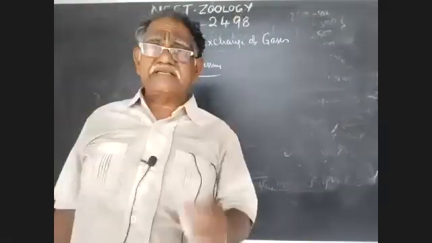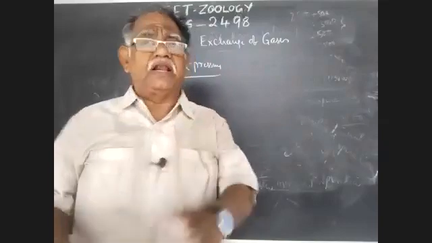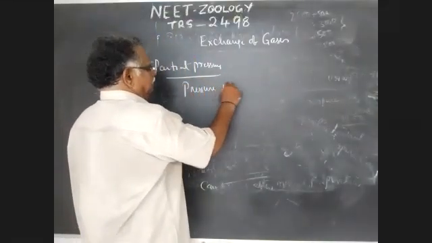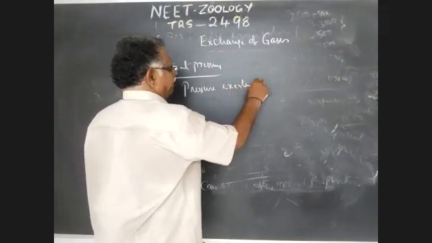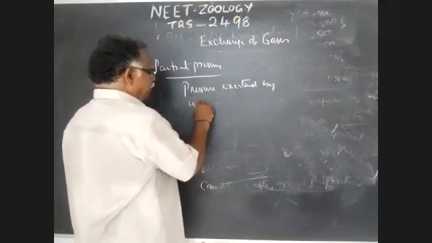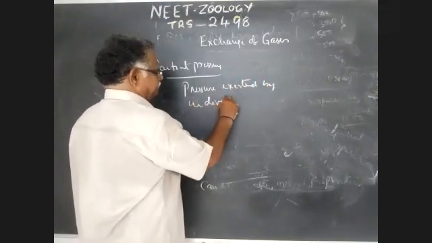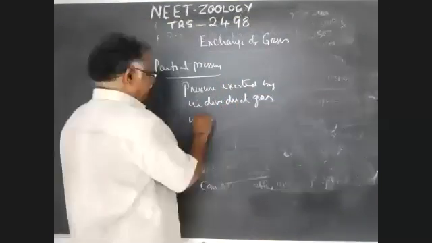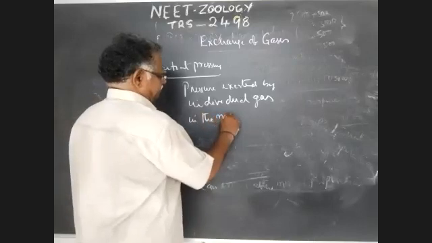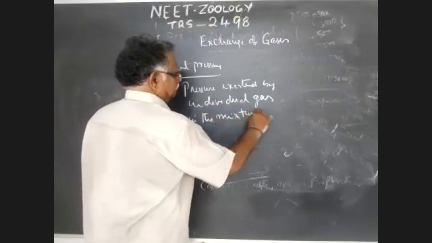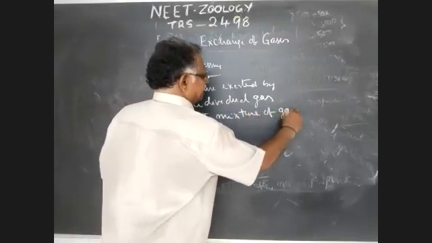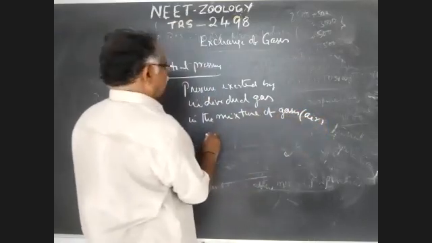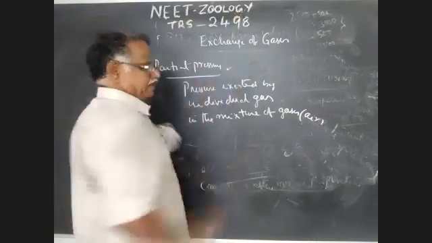The pressure exerted by an individual gas in the mixture of gases, that is air, is called partial pressure.